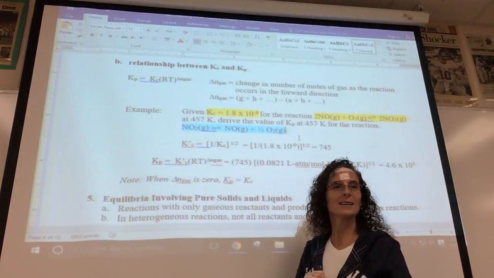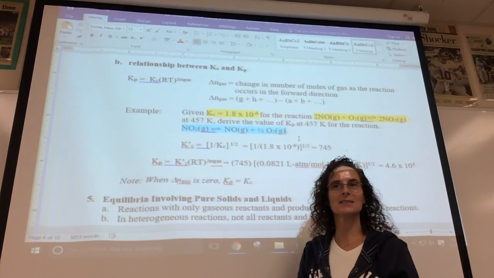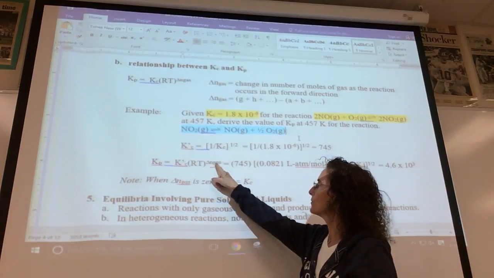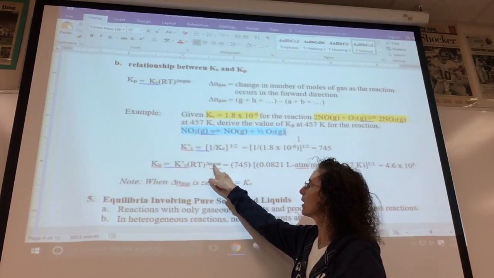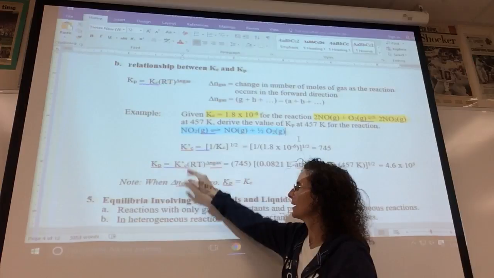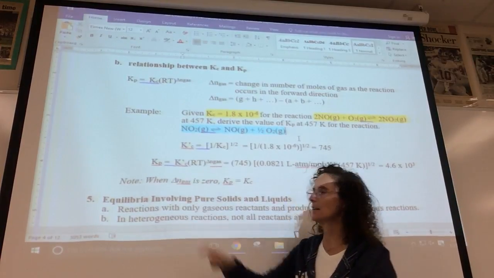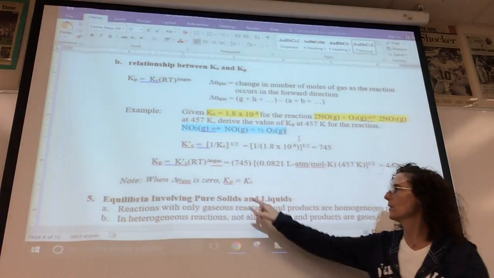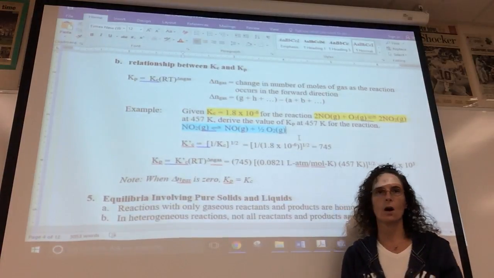Anything to the 0 power is 1. So if delta N of the gas is 0, then RT to the 0 becomes 1. And in this case, when delta N of the gas is 0, then these two quantities are equal.